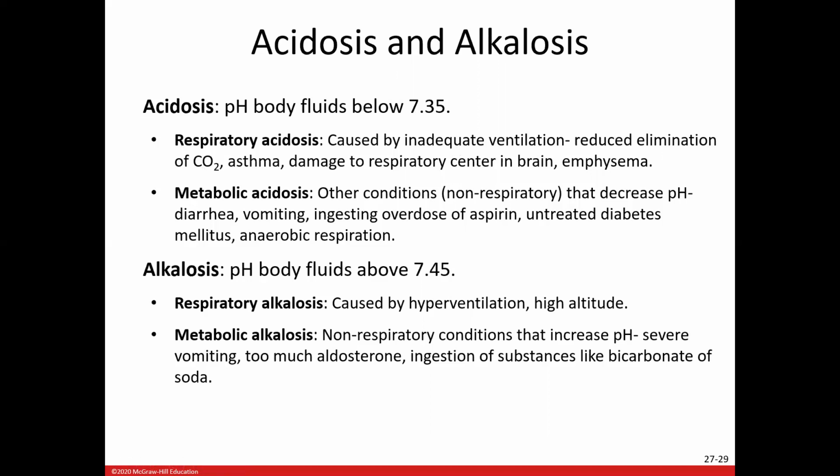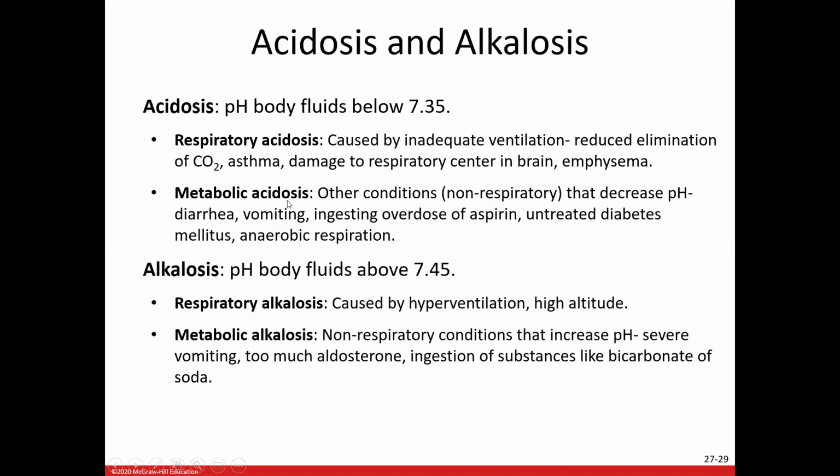So the carbon dioxide is becoming carbonic acid, then dissociating and getting a lot more hydrogen ions in the blood. So causes of this can be things like asthma, possible damage to the respiratory center of the brain, emphysema. There's a number of causes. Then you have what's called a metabolic acidosis. So this is just anything else outside the respiratory system that causes a decrease in pH.